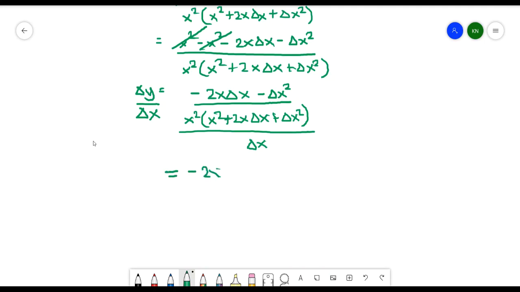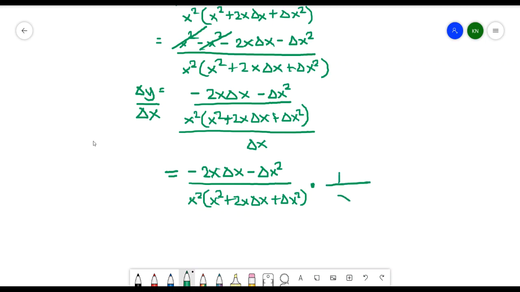So we have negative 2x delta x minus delta x squared multiplied by the reciprocal of our denominator, which is 1 over delta x.